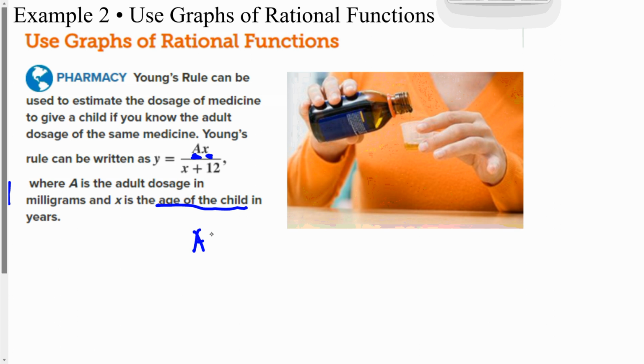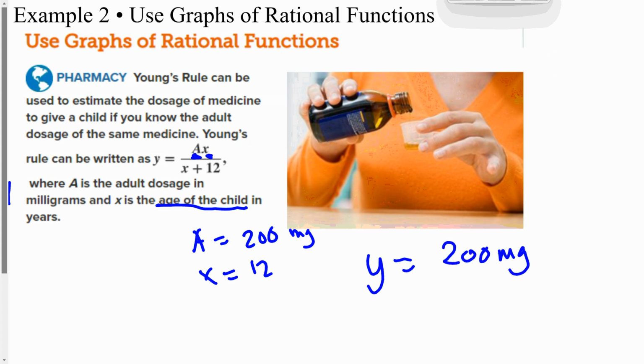So say we have an adult who's taking a 200 milligram dosage, and our child is 12 years old. Can we figure out how many milligrams we should give of this medicine to this 12-year-old kid? We could plug that in, so now we have our equation: 200 times x over x plus 12, and again we plug in 12 for x.